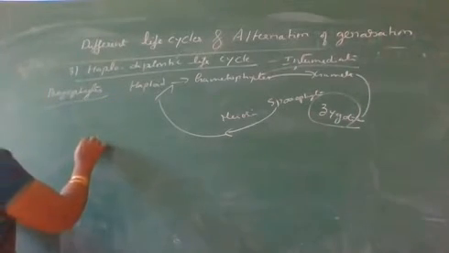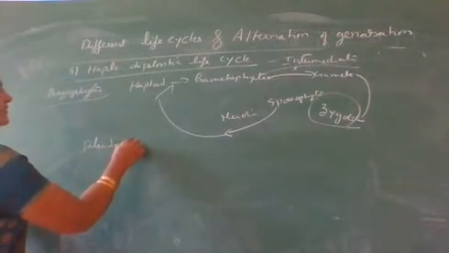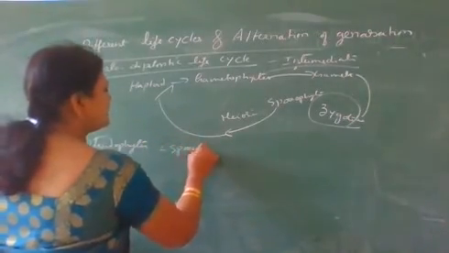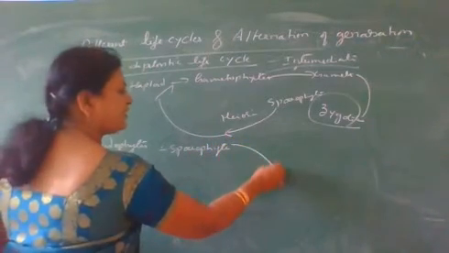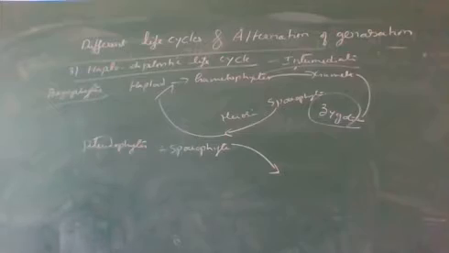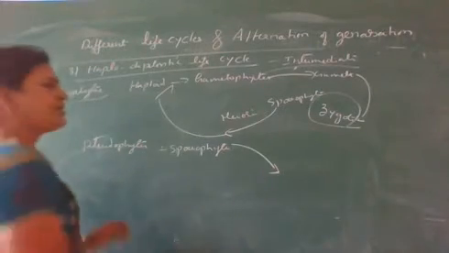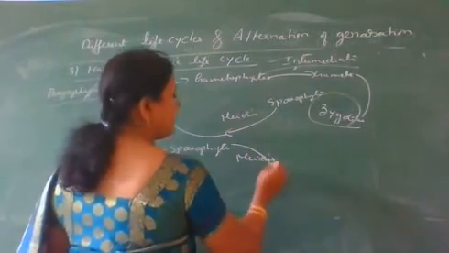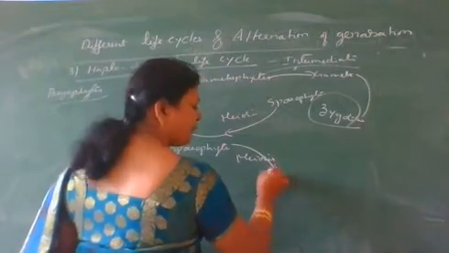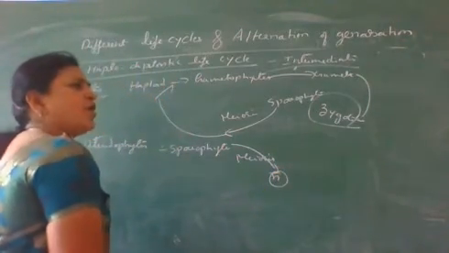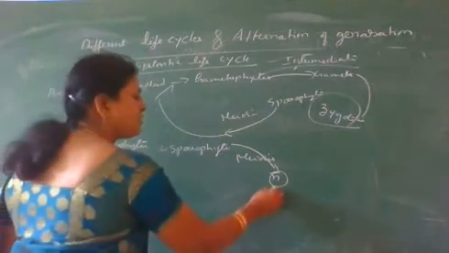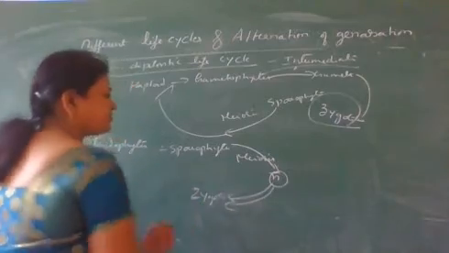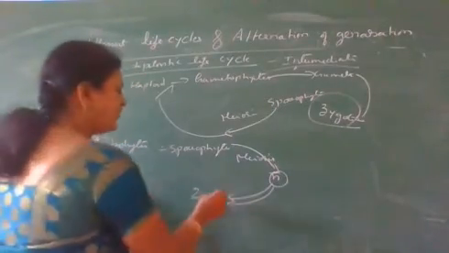In pteridophytes, the major plant body is a sporophyte, that sporophyte undergoes reductional cell division, that is meiosis, and produces mainly the spores which are haploid, and those spores on fusion form a zygote.